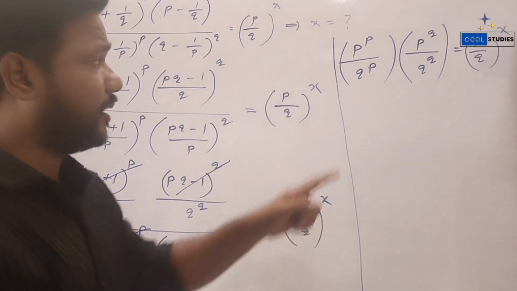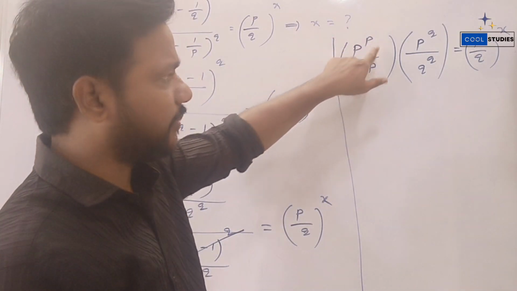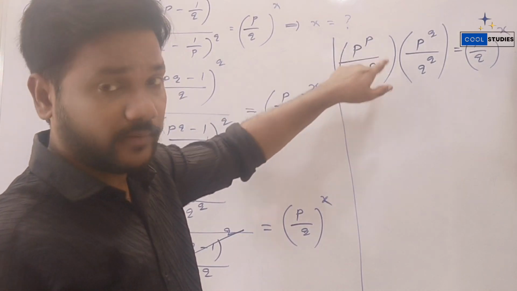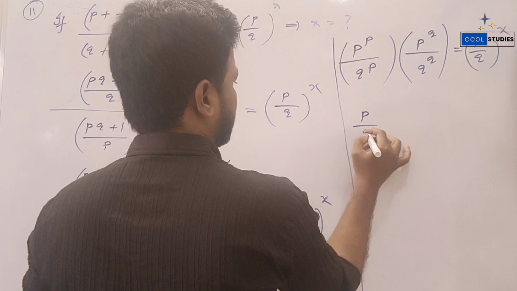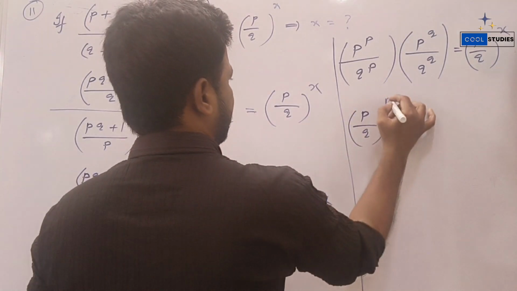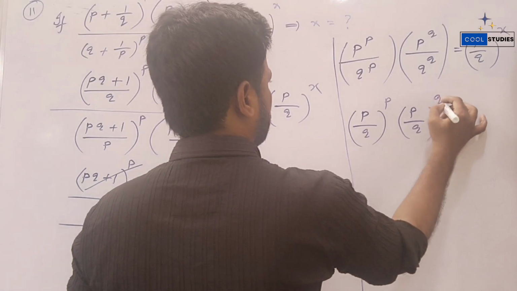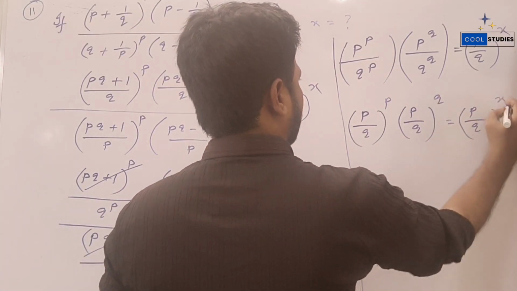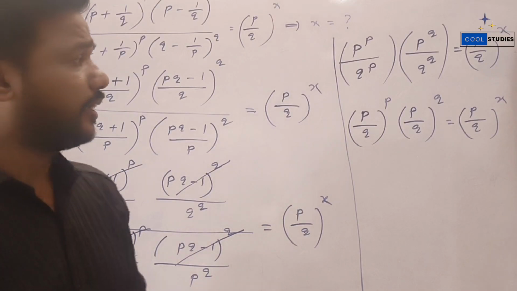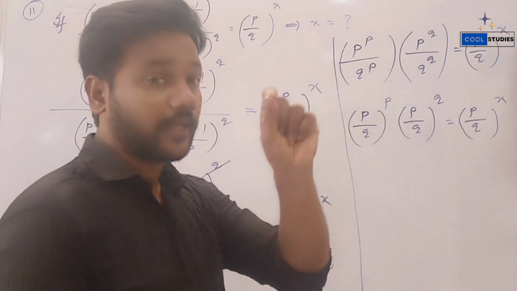Is it clear? Next, if we observe that both numerator and denominator have the same power, we can write a single power. So (p by q) whole to the power p, (p by q) whole to the power q, is equal to (p by q) whole power x. Is it clear? Next step, if bases are the same, powers should be added.